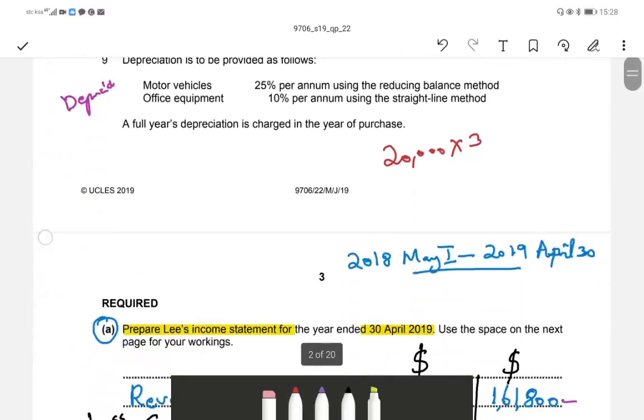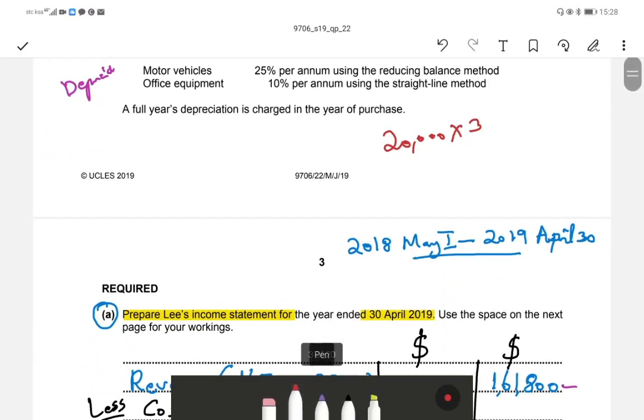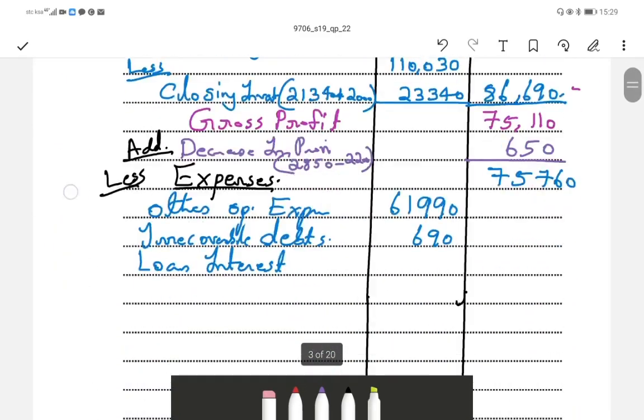When does our accounting period end? 2018 May to 2019 April 30. August 1st to April 2019. So August, September, October, November, December, Jan, Feb, March. So we have 8 months only we have to pay the loan interest.